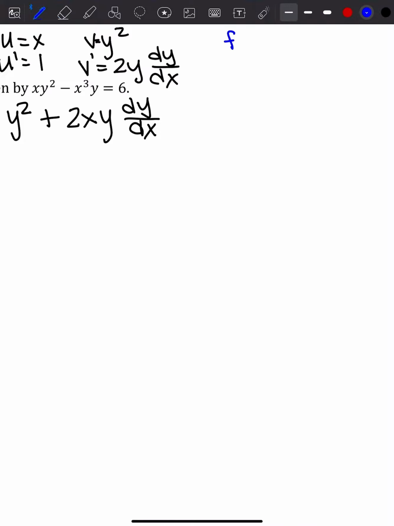So f is going to equal negative x cubed. g is going to equal y. So f prime, we have negative 3x squared. g prime, we have 1 times dy over dx, so just dy over dx.